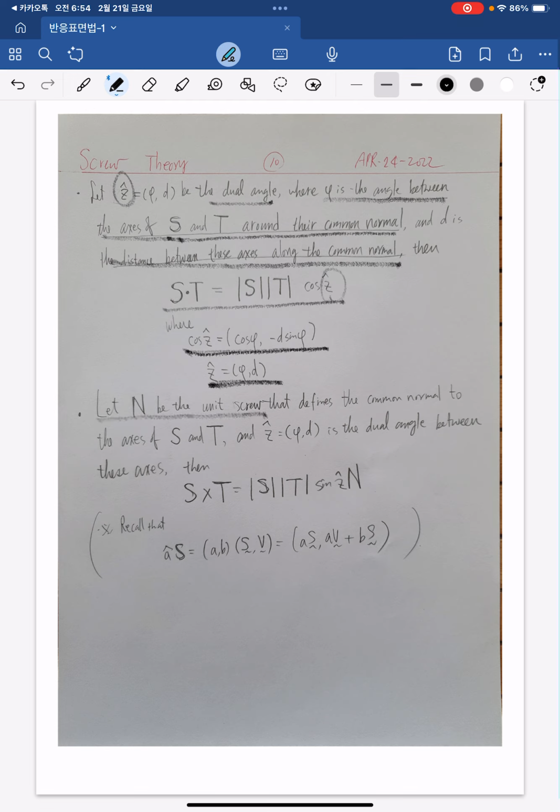Let M be the unit screw that defines the common normal. The axes S and T, with ẑ = (φ, d), give the dual angle between them, with cos ẑ and sin ẑ defined accordingly.